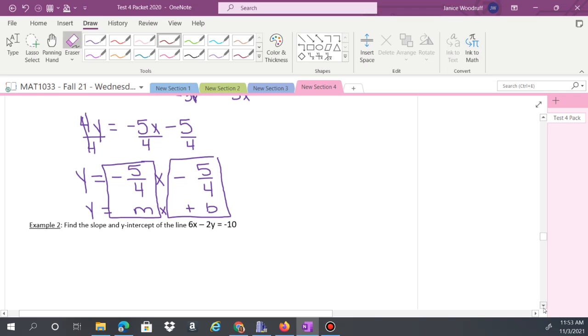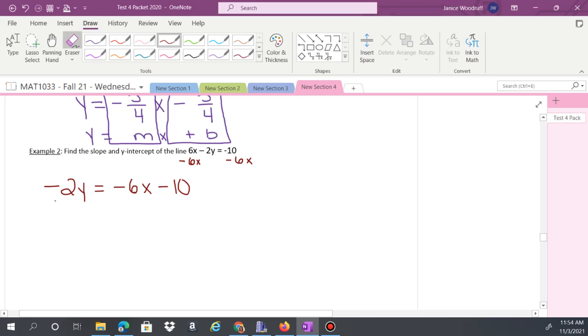So let's do that again with example 2. We would take the 6x, subtract it from both sides. That would bring down a negative 2y equals, we would do negative 6x. The 10 has a negative in front of it, so minus 10. And then I'm going to divide everything by negative 2.